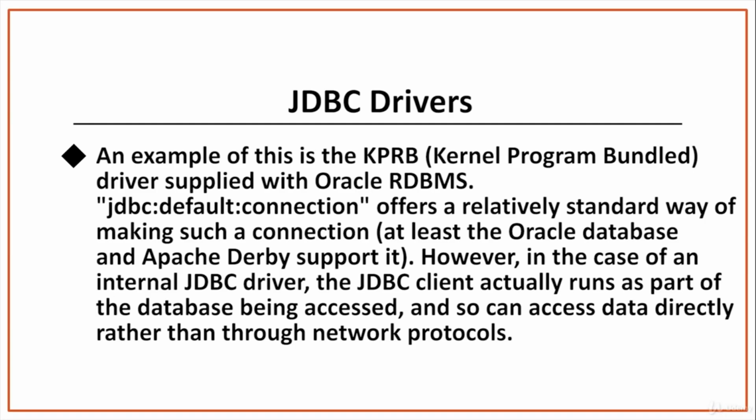At least the Oracle database and Apache Derby support it. However, in the case of an internal JDBC driver, the JDBC client actually runs as part of the database being accessed, and so can access data directly rather than through network protocols.